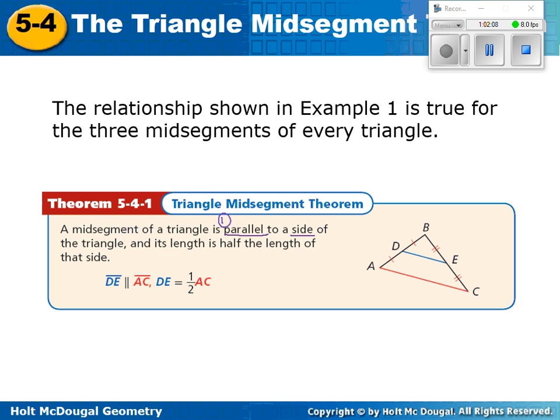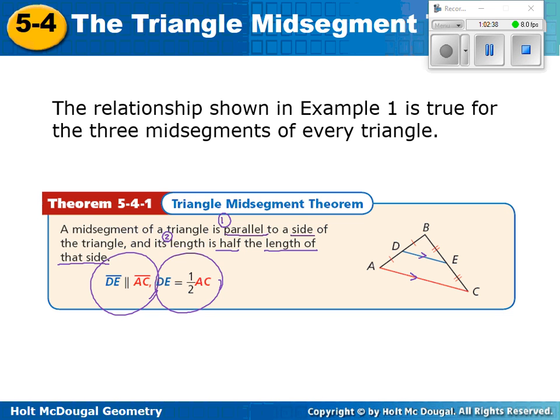And it's going to be, which you guys already said, half the length of that side. So if you look at DE here, DE is going to be parallel to AC, and DE is going to be half of AC. And every mid-segment will be parallel to the opposite side and half of the opposite side.